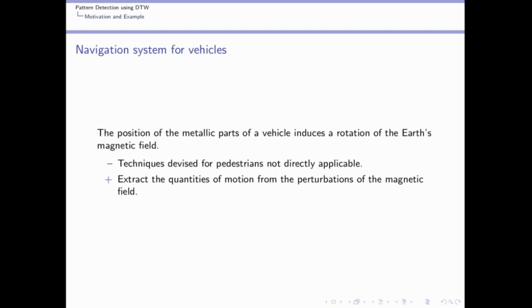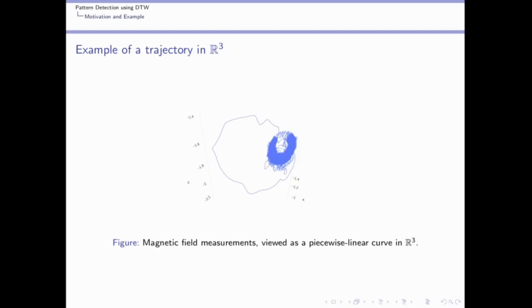So let's see an example. Here you can see the piecewise linear curve obtained by connecting successive measurements of the magnetic field. This is a curve in R3, and you can see two things. First, most of the measurements roll around a torus.